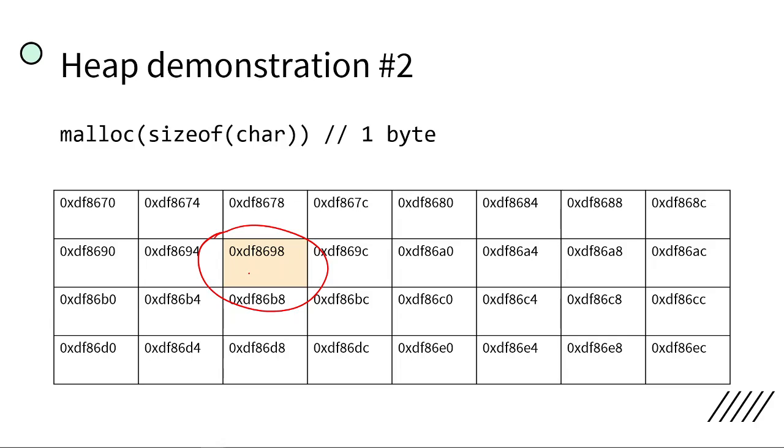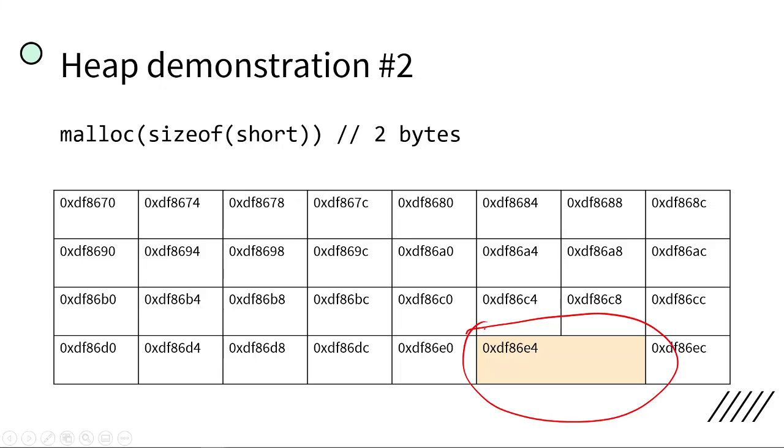Next, we try to allocate 2 bytes of memory in our heap. So as you can see here, we allocated 2 bytes. That is why this memory address has two blocks reserved for it.